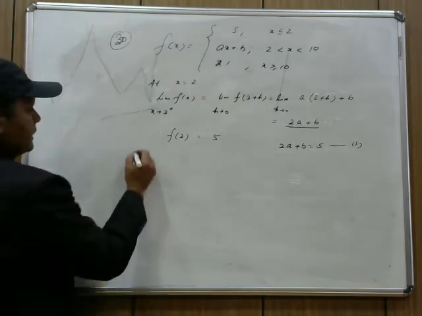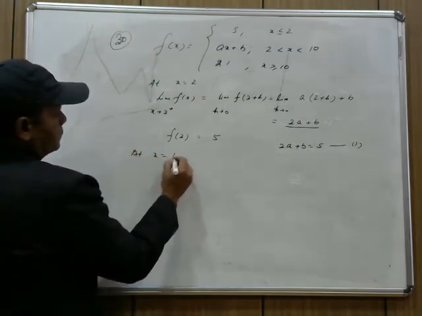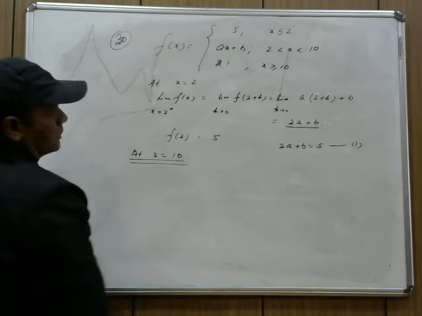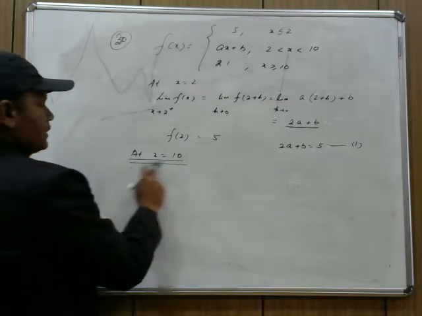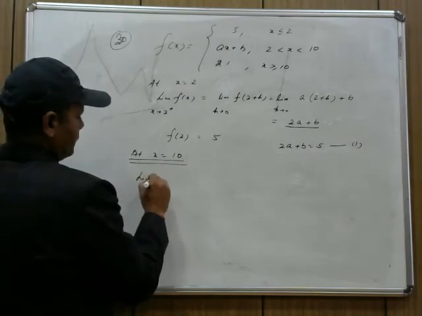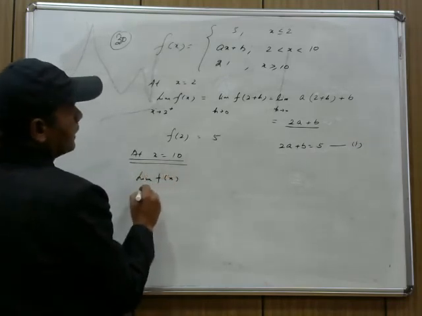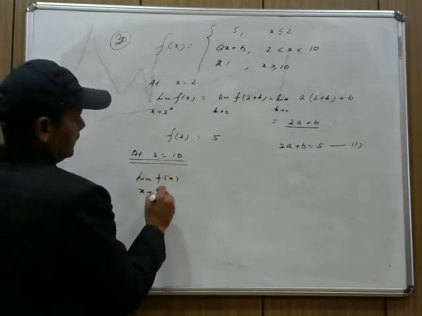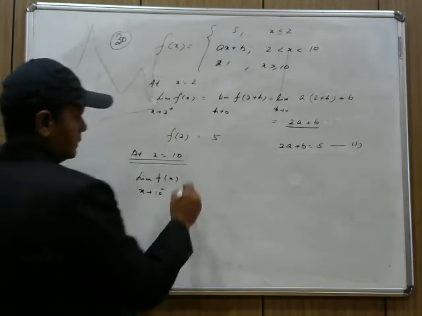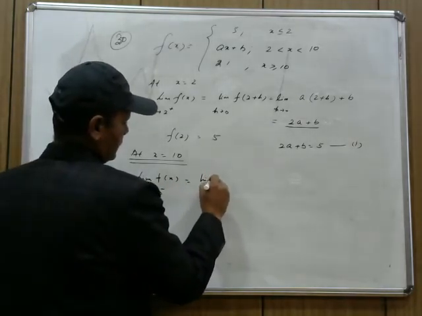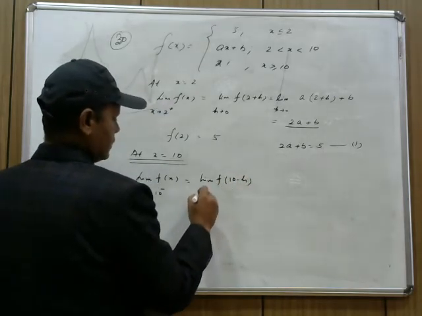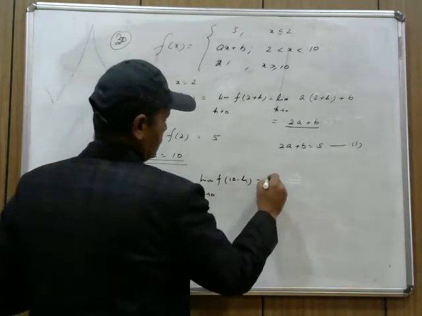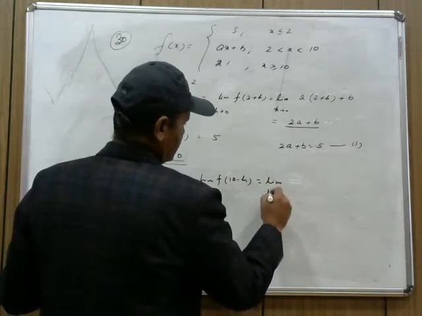Now I'll check at x equal to 10. At x equal to 10, I'll check the limit of f of x as x tends to 10 minus. That is the limit of f of 10 minus h as h tends to 0.